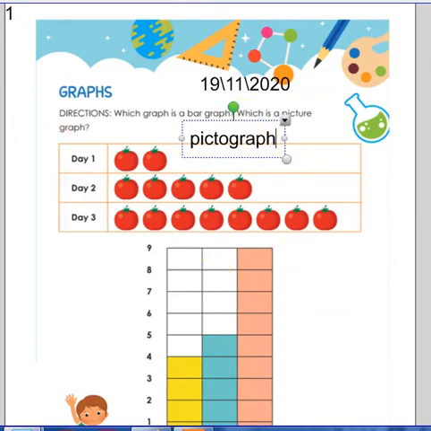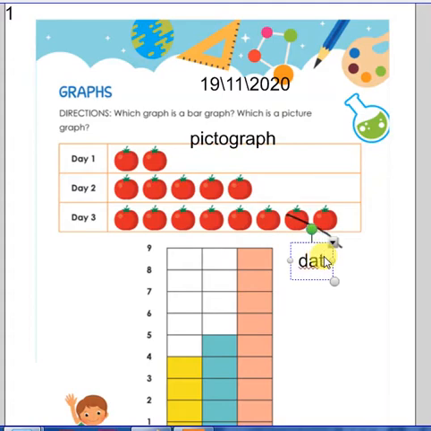Okay. So, what's this? This is called pictograph. And what's this? This is called data, right? Data. And what is this? Day 1, day 2, day 3. This is called what? Labels, right? Labels.